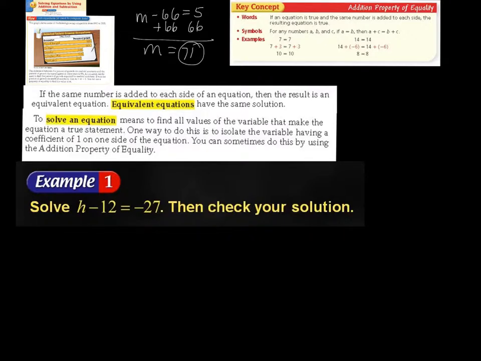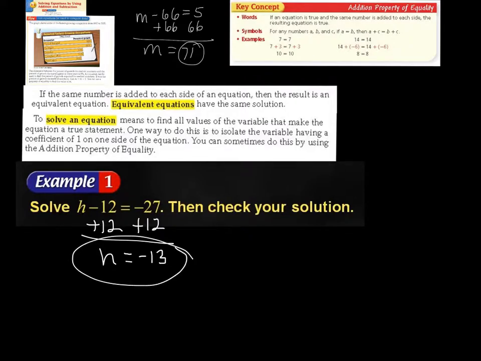So to undo subtracting 12, I'm going to add 12 to both sides of my equation. So h equals negative 27 plus 12. The signs are opposite, so I'm going to subtract and keep the sign of the bigger number. So h equals negative 13. Am I done? Almost. It says then check your solution.